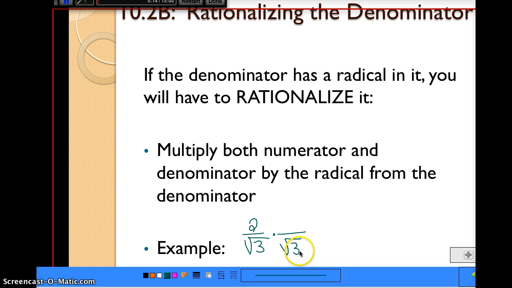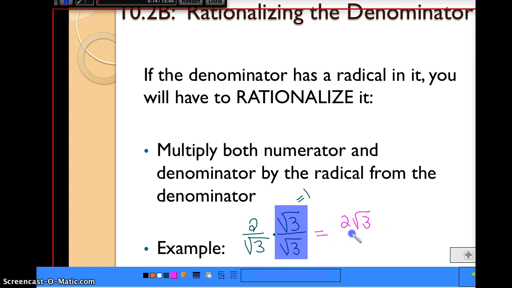But remember, whatever you do to the denominator, you have to do to the numerator. Because really, the fraction we're multiplying it by really equals 1. And when you multiply anything by 1, it doesn't change the actual problem. So now we end up with 2 times root 3. This is a coefficient, this is a radical, so we end up with 2 root 3.